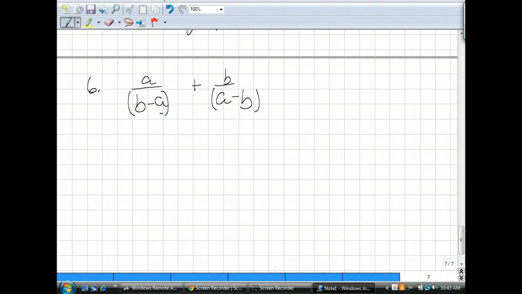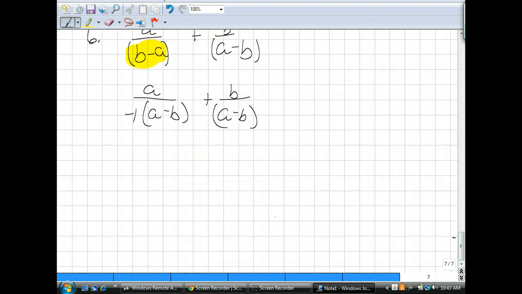Notice that when we put those in parentheses, we have the same variables, but they're opposite signs. So if I factor a negative out of this one, that's going to give me a over negative 1 times a minus b plus b over a minus b.